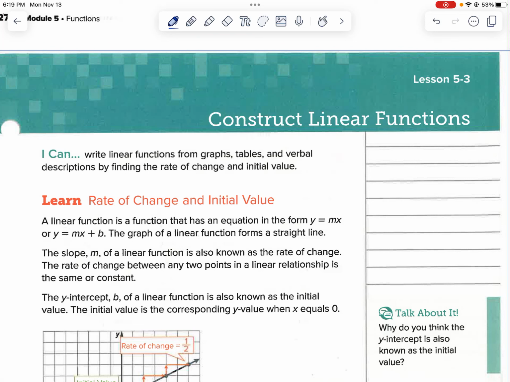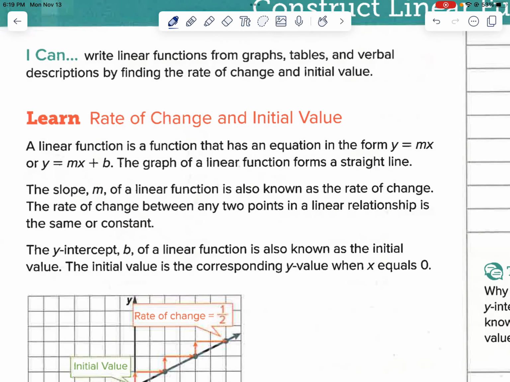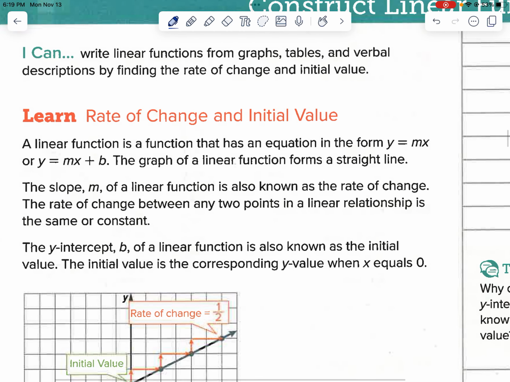Construct linear functions. Most of this we've already talked about. A linear function means it's a line, and it has the form y equals mx or y equals mx plus b.